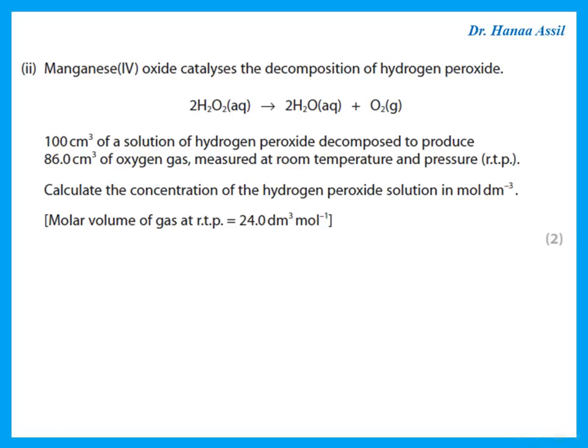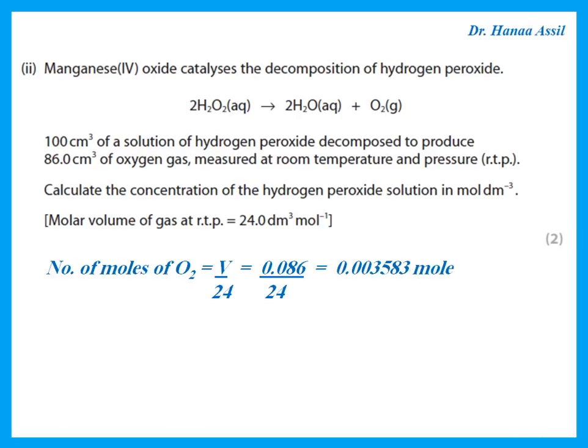Manganese oxide catalyzes the decomposition of hydrogen peroxide. 100 centimeter cubed of a solution of hydrogen peroxide decomposed to produce 86 centimeter cubed of oxygen gas, measured at room temperature and pressure. Calculate the concentration of hydrogen peroxide solution. So, what does he give me? We have 86 centimeter cubed of oxygen, so I can get number of moles of oxygen gas, so that's volume over 24, and of course the volume has to be in decimeter cubed.